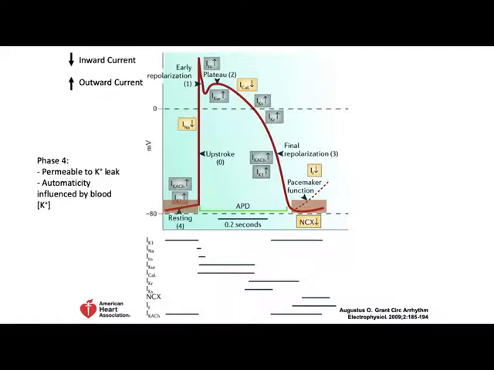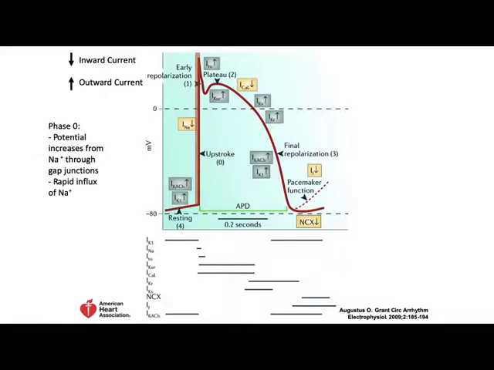What is the response? The response is characterized by phase 0. Phase 0 is called the upstroke. Phase 0 is the spike in voltage. When a signal is received by the cell, these sodium channels allow sodium to rush in. There's a specific channel that responds to a change in voltage.